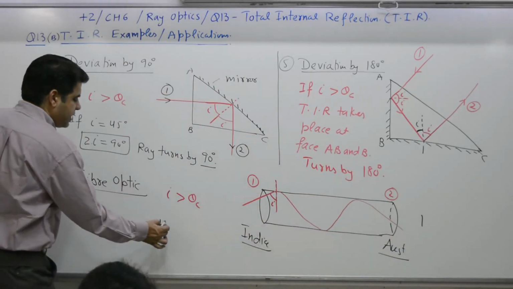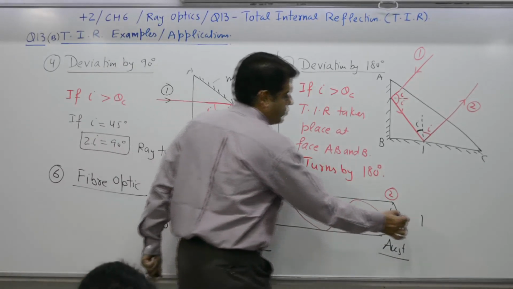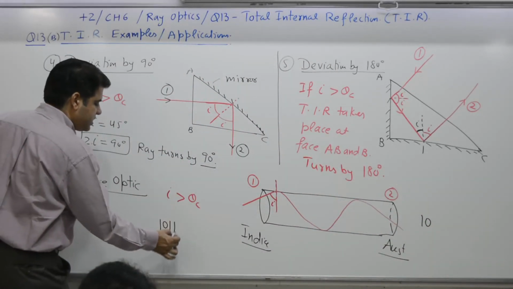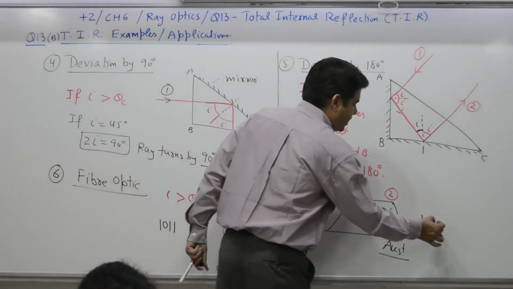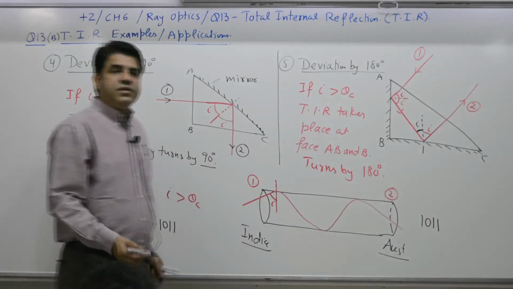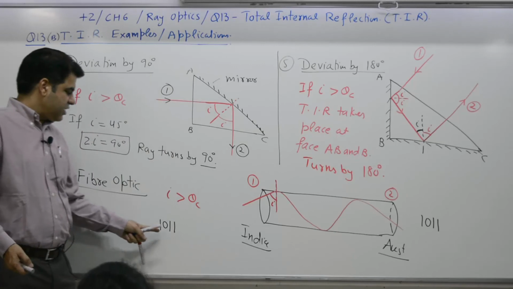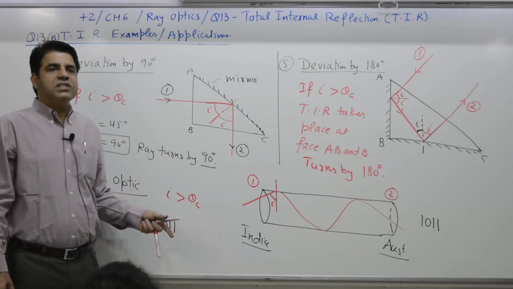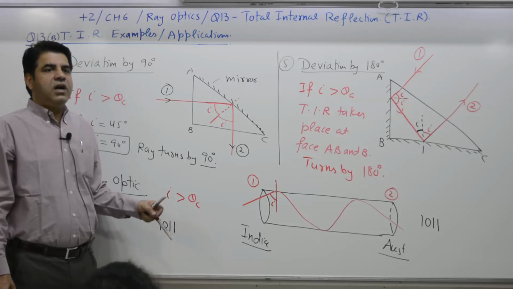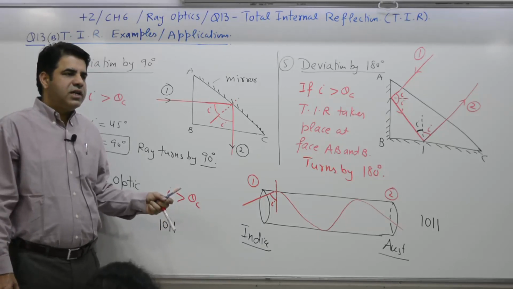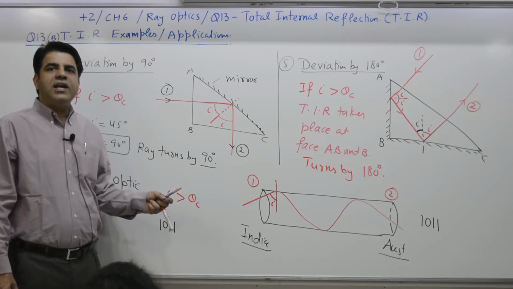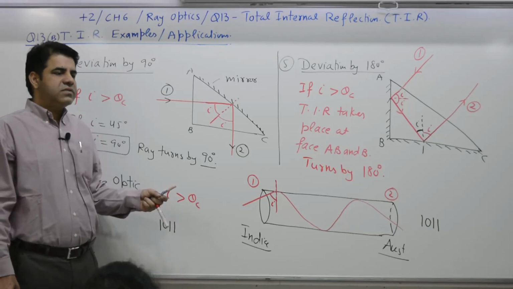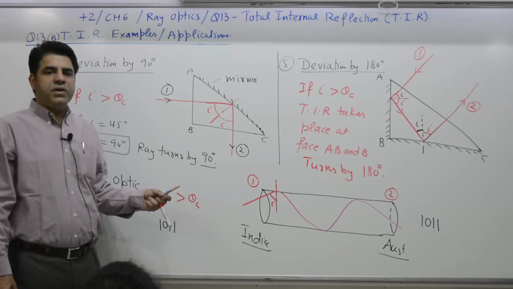Then there is no light for some time, means 0. Then suppose there is light for 1 second, light for 1 second. So on the other side also you get light for 1 second, light for 1 second. So you are transferring a code, 1011. You can get its equivalent decimal also, and its equivalent alphabet also. That means you are transferring data. This is how data is transferred on the internet through fiber optic cable.